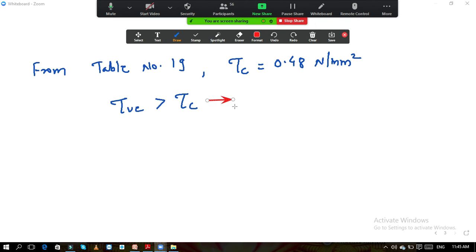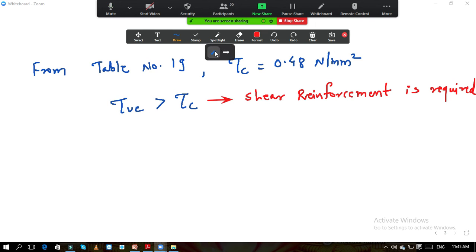This indicates that shear reinforcement is required. Your tau v, that is the nominal equivalent shear stress, is greater than your permissible shear stress.